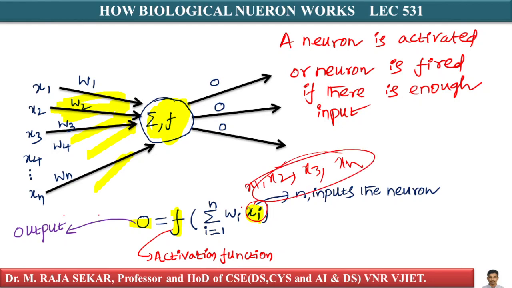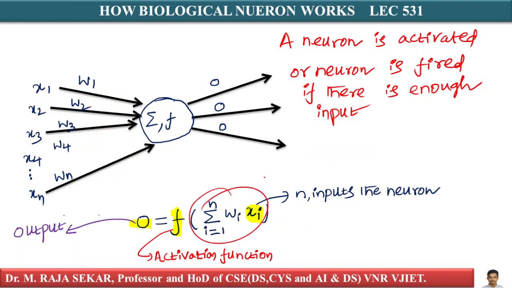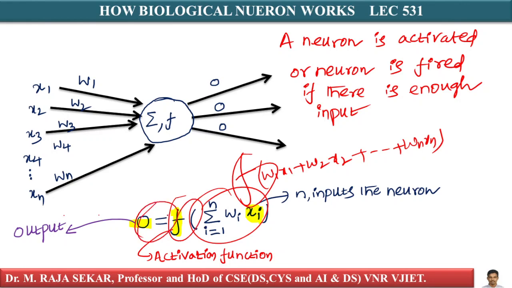All these are inputs. Similarly I will get w1, w2, w3, and so on, the corresponding weights. This summation is w1 x1 plus w2 x2 plus so on wn xn. On top of it, we apply an activation function f so that I will get the output.